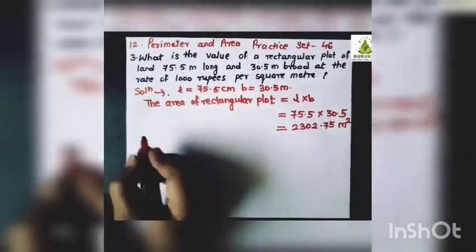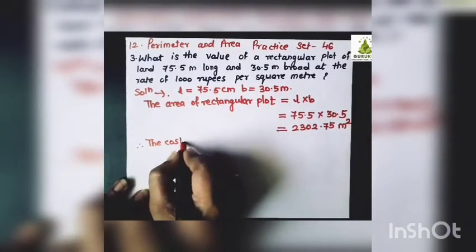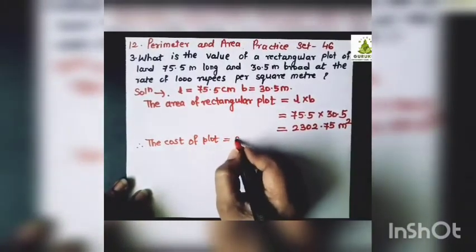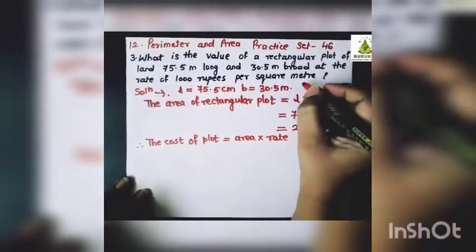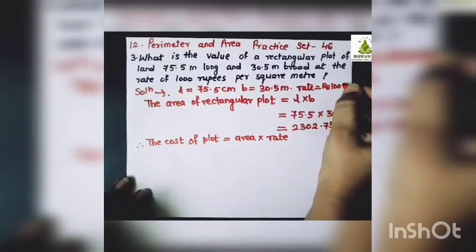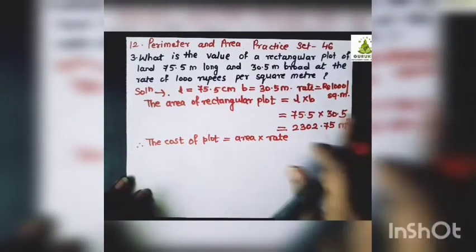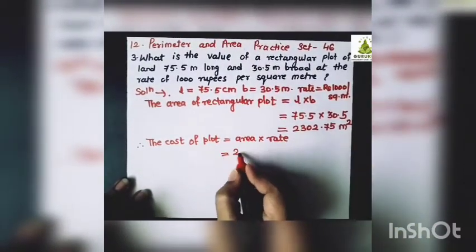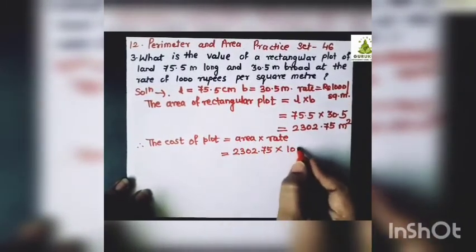So we will write down, therefore the cost of plot is equal to area multiplied by rate. Okay, in the given also you can write down rate is equal to rupees 1000 per square meter. So area is 2302.75 multiplied by 1000.